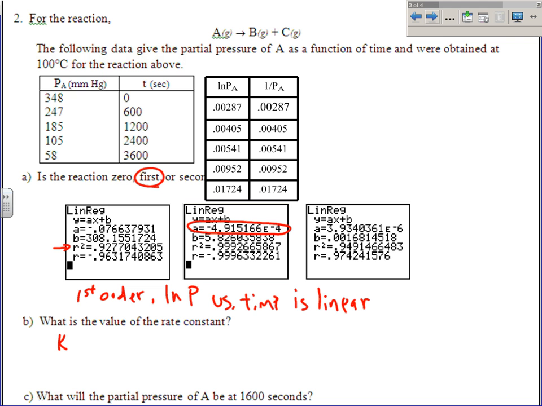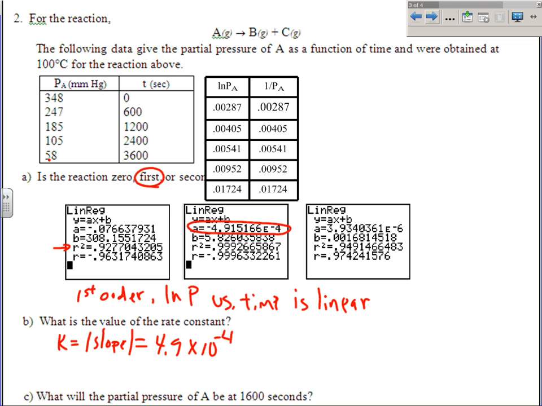So k is going to equal the absolute value of the slope, which in this case is the absolute value of negative 4.9, so it's 4.9. Looks like we should go to 2 sig figs here, consistently, since you've got a time or pressure here that's only 2 sig figs. So we're going to go to 4.9 times 10 to the negative fourth.